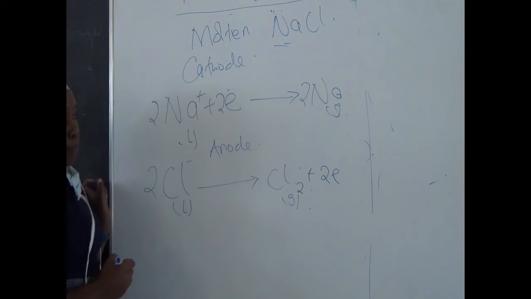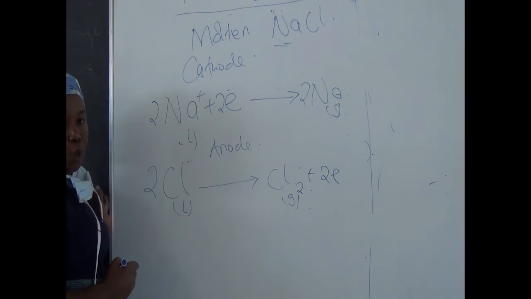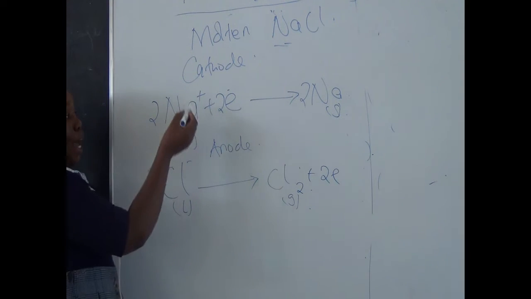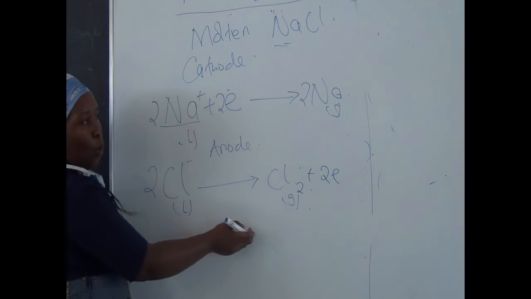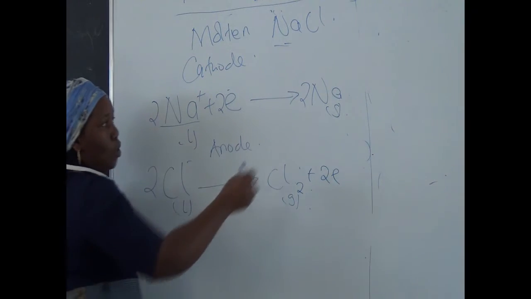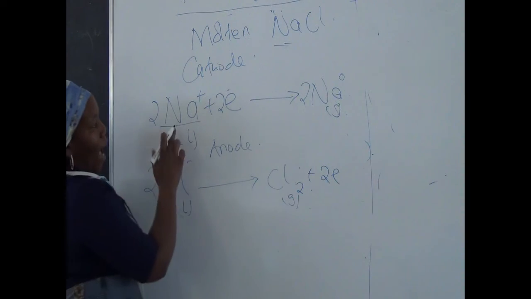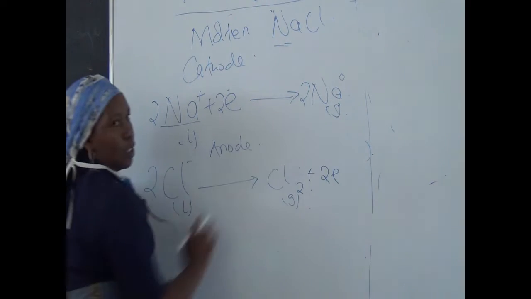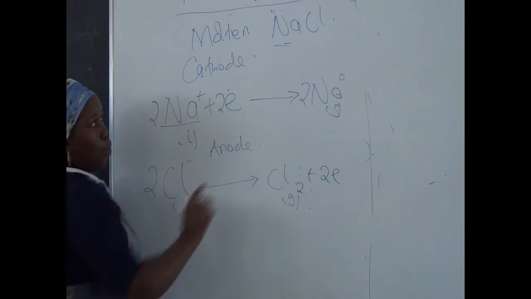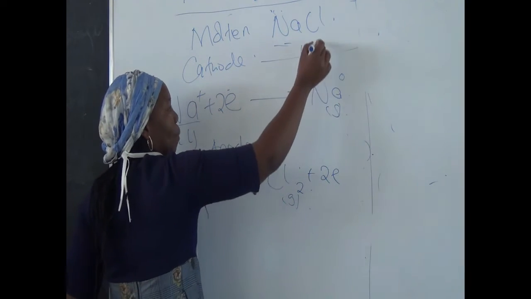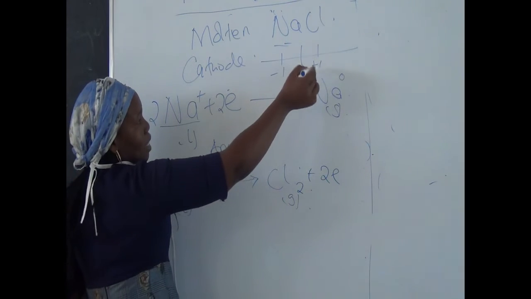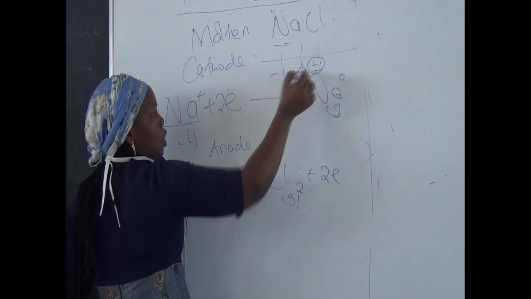Now, in this case, let us identify where oxidation took place and where reduction took place. So here, we were at the positive. Remember, this is positive 1, and we have gone back to 0. The oxidation state of sodium here is 0. So this one will be reduction, because if you draw again that number line, positive 1 here and negative 1 here, we were at positive 1 and have gone back to 0, so that is reduction.